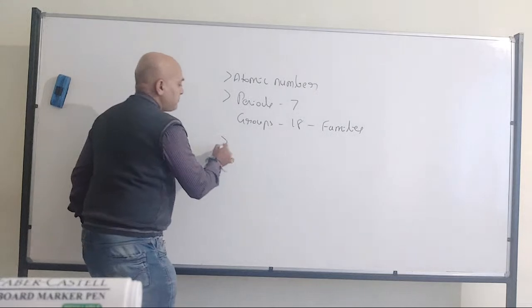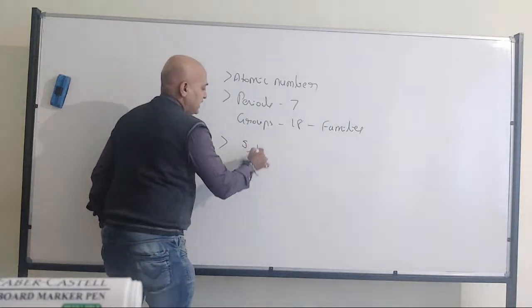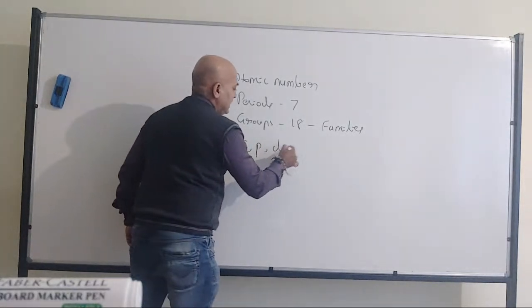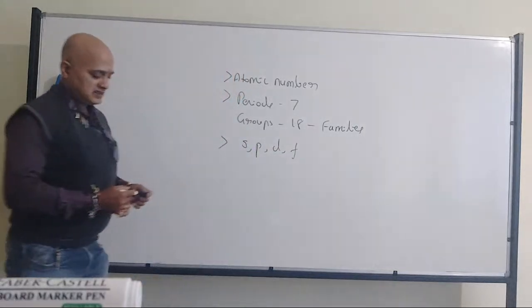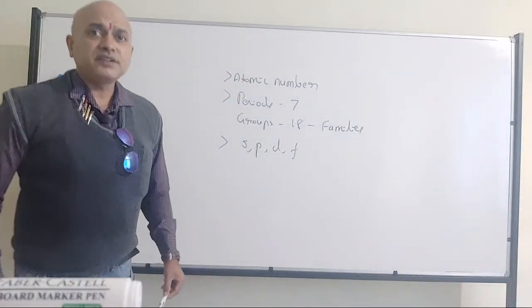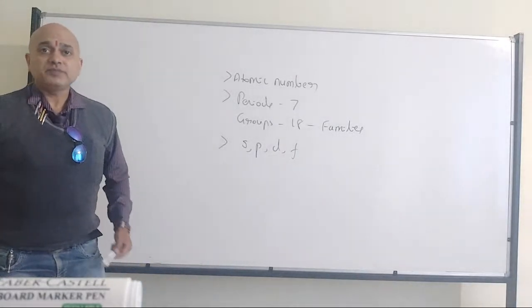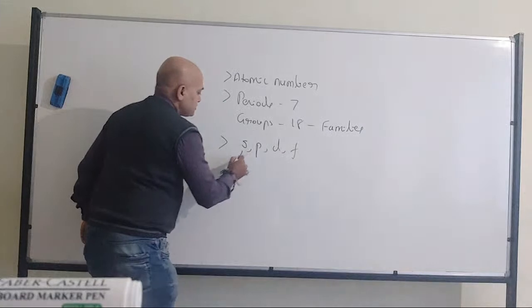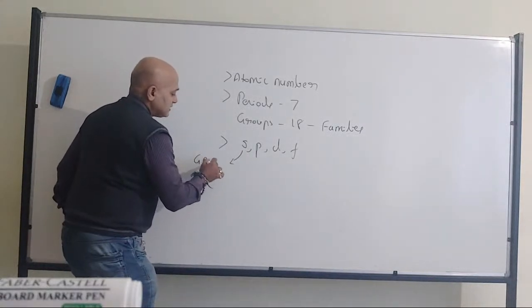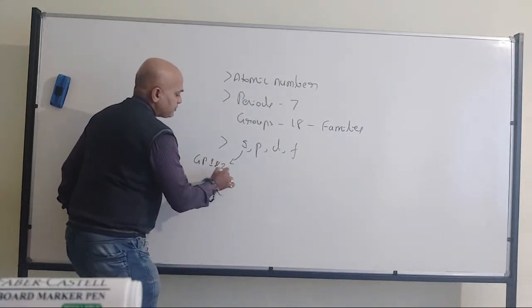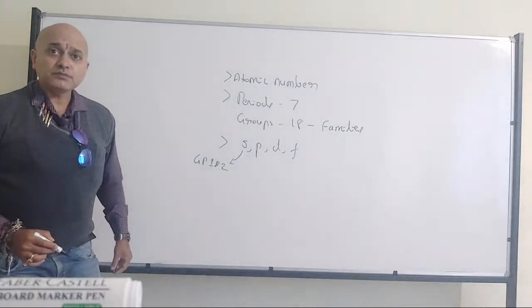Now, the modern periodic table has been classified into S, P, D and F block elements, right? When it comes to the S block, it is group 1 and group 2 which belong to the S block.